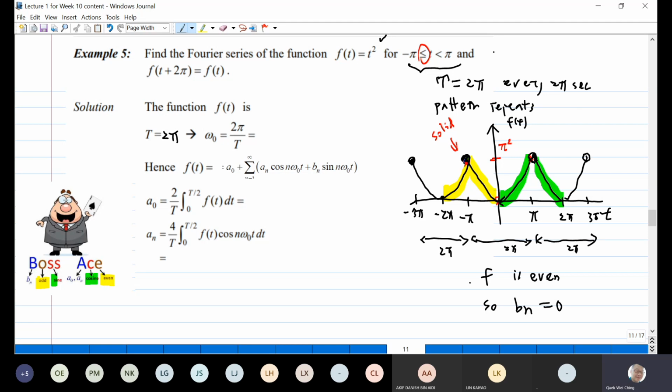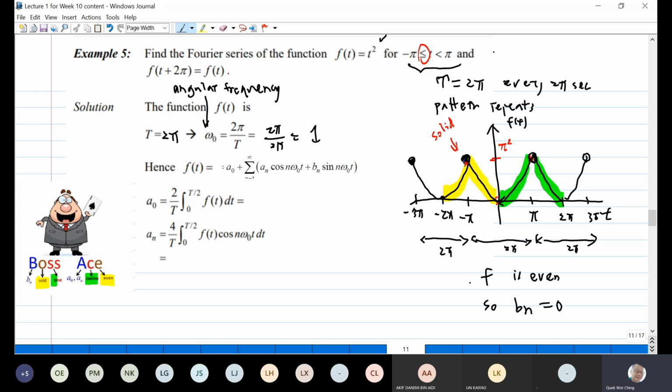So I now calculate omega 0. Omega 0, we have a name for this called angular frequency, which is equal to 2 pi over T. So your period T is 2 pi here, so this is equal to 1.